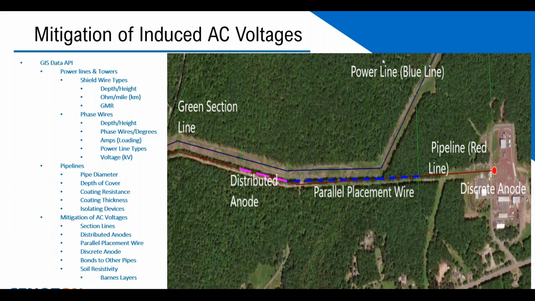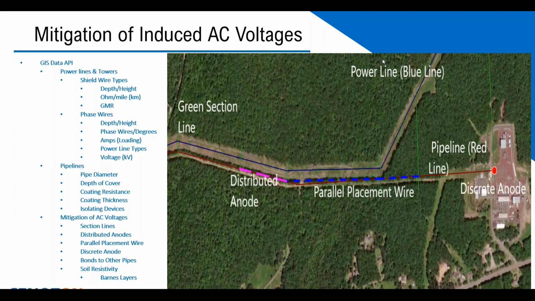These are the kinds of things. We did a parallel placement wire in this location, and you can see these section lines. Why do we draw section lines? Because we can identify where the power lines and the towers are located, where the points of intersection are, and the changes.